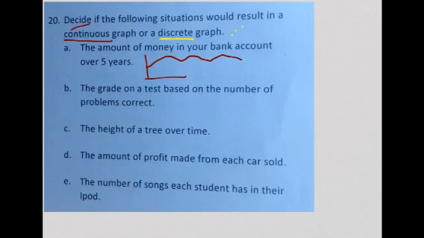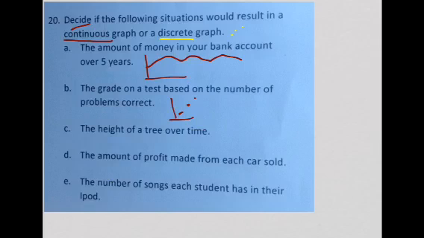Grade on a test based on the number of problems correct. Okay, so if there are 10 and there's no partial credit, so that one would be discrete. Okay, so if you have 1 problem correct, this is your score. If you have 2 problems, this is your score.